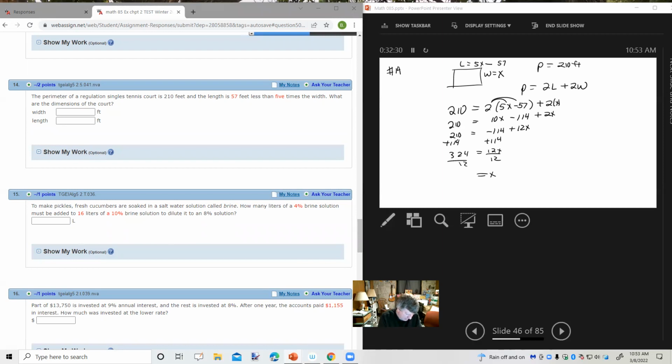X equals 324 divided by 12, which is 27. So the width is 27 feet. The length is 5 times 27 minus 57, which is 78 feet. So the width is 27 feet and the length is 78 feet.